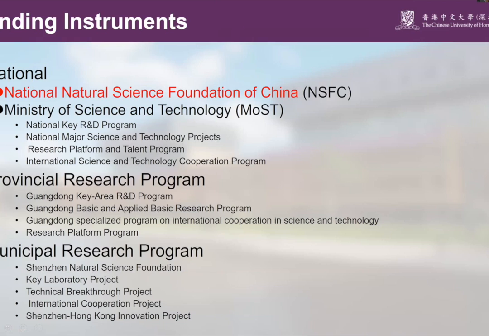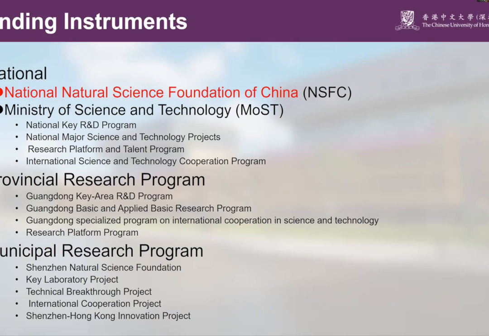So the government funding comes from 3 levels: national level, this is the NSFC, that's the National Natural Science Foundation of China, and also the Ministry of Science and Technology funds many large projects. The provincial research program very much mimics the national level, and also provides matching funds to some of the national big grants.